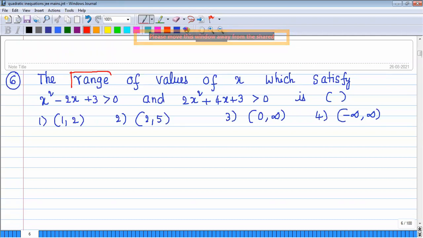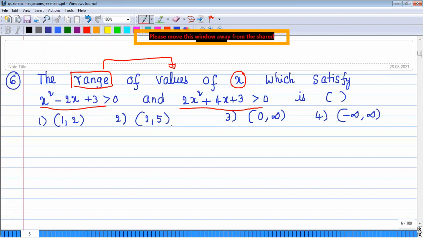Range of values of x which satisfy these two inequalities. That means indirectly we need to find the solution set of the simultaneous inequalities. First solve separately.